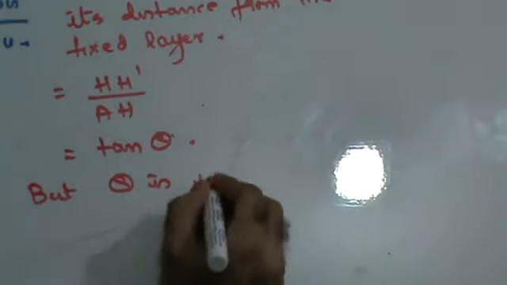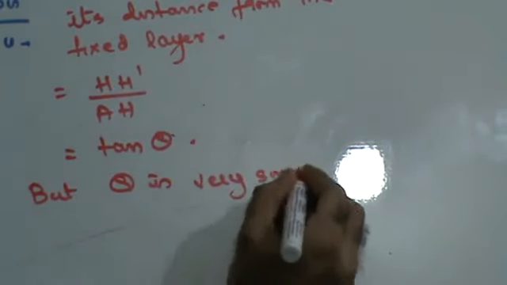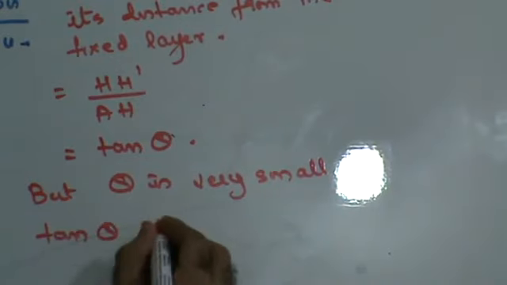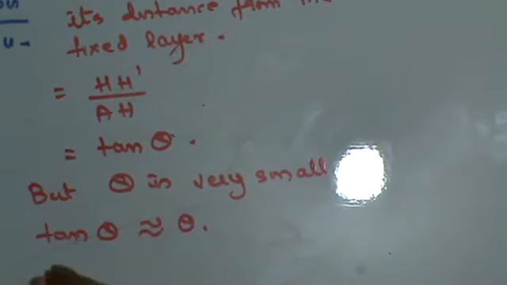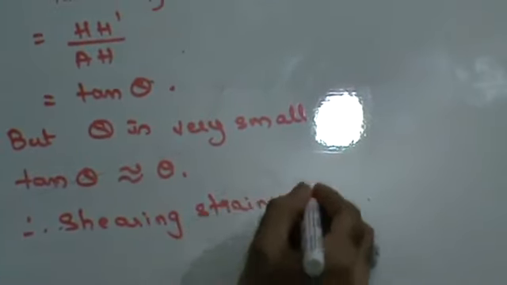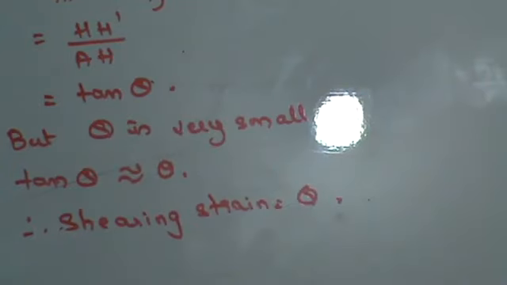But theta is very small. And we know that for very small angles, tan theta is approximately equal to theta. Therefore, I can say that shearing strain is equal to theta. Fine, do you understand this? Next, let's move on ahead.